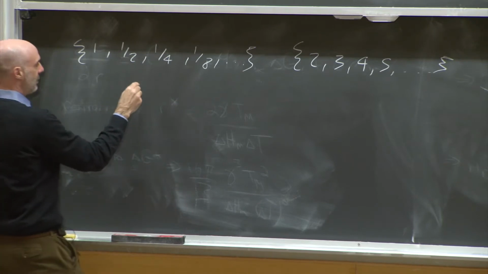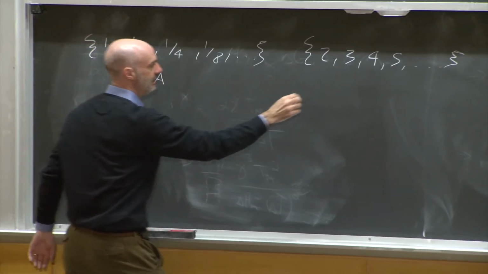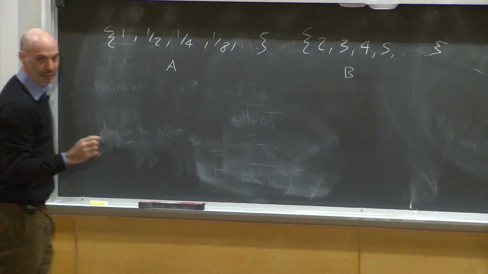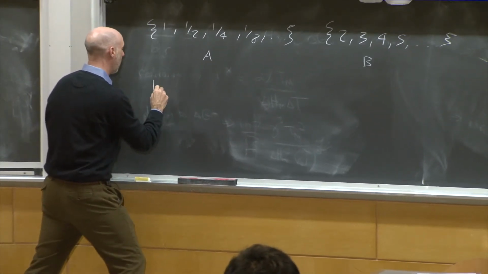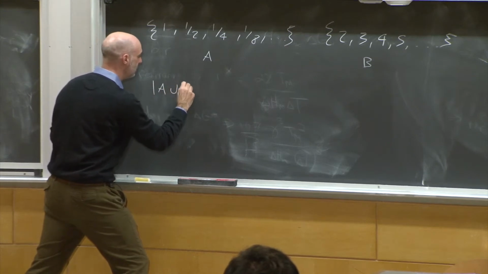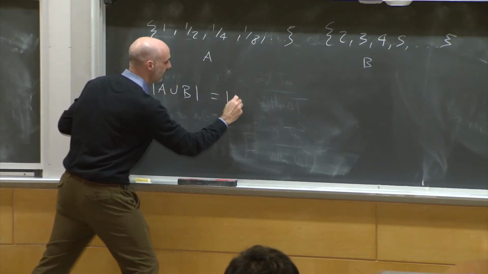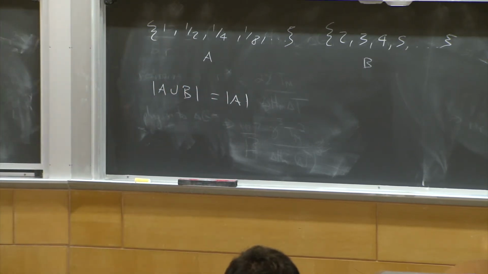I'm going to call this one A and that one B. So what I want you guys to show is that the cardinality of A union B is just the cardinality of A.